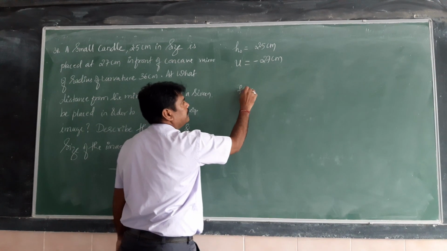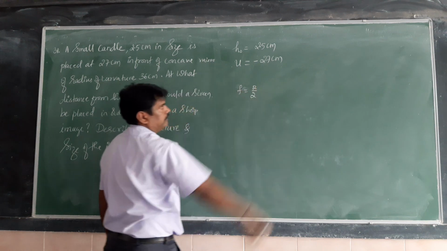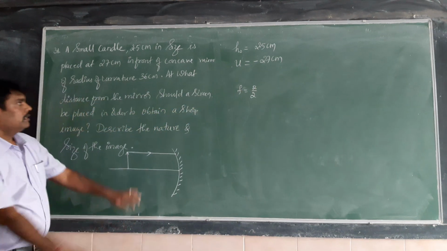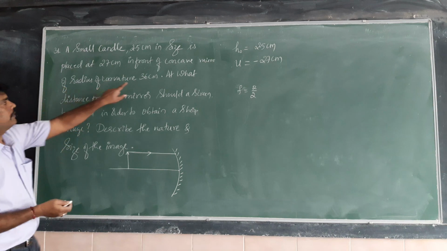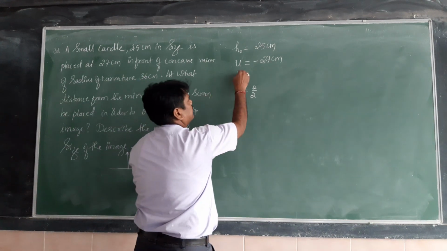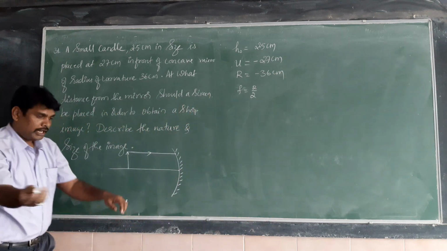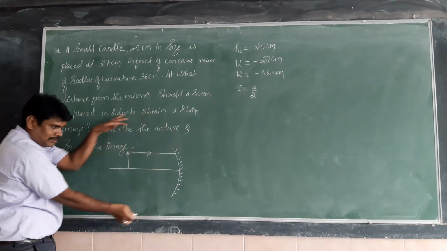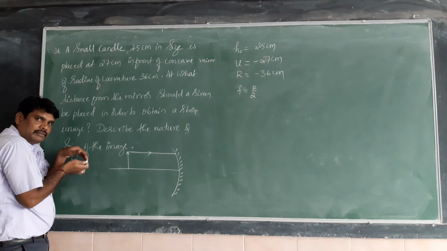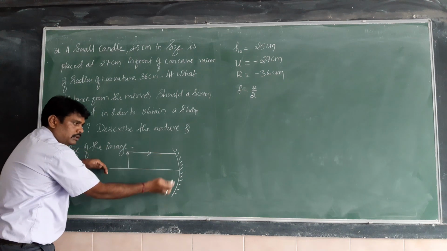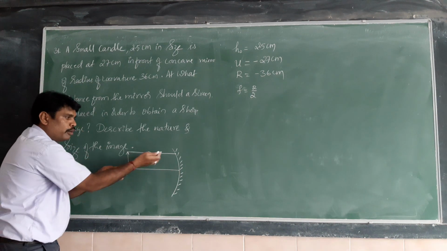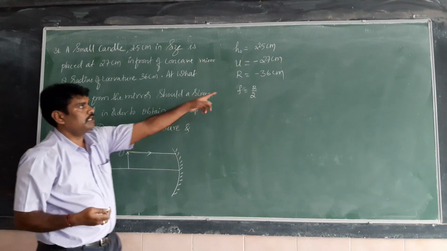Here focal length f is equal to half of the radius of curvature. See, radius of curvature is given. Radius of curvature 36 centimeter. R is equal to minus 36 centimeter. Again, why is it minus? It's a part of a sphere, a big sphere. This portion from here to here is again opposite to the direction of the incident ray, so it is minus.